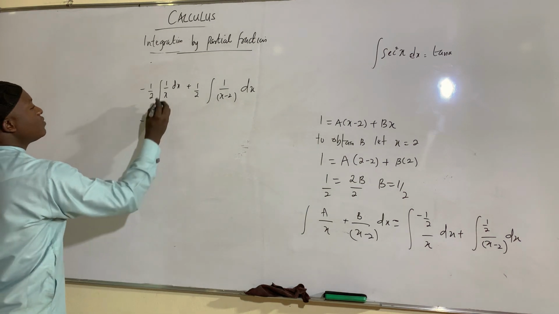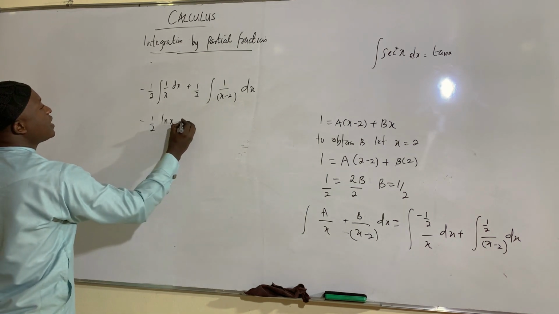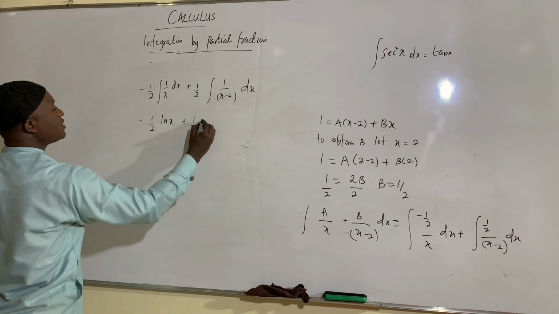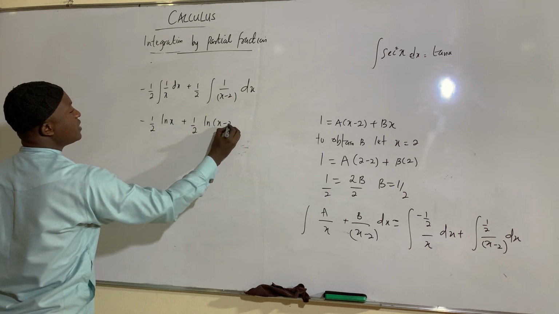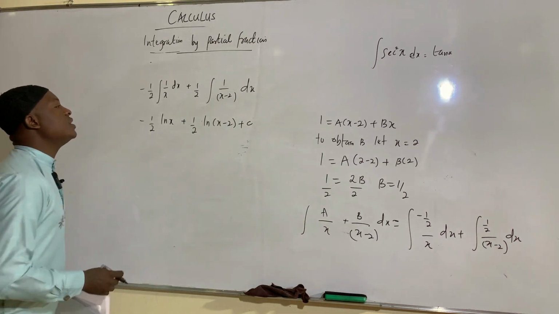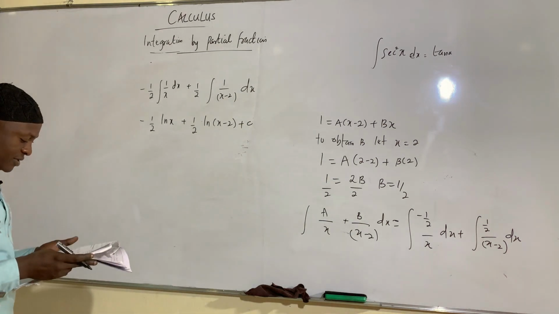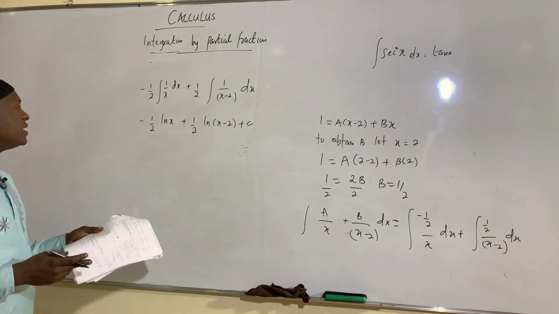The integral of 1 over x, I know that's going to be ln x. Plus 1 over 2 times the integral of this one, we have ln (x minus 2), then plus C. It depends on how they leave their result.